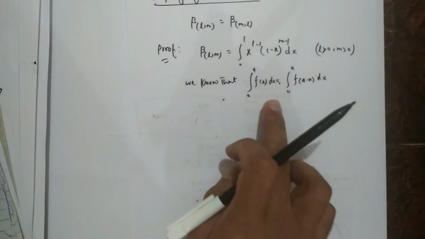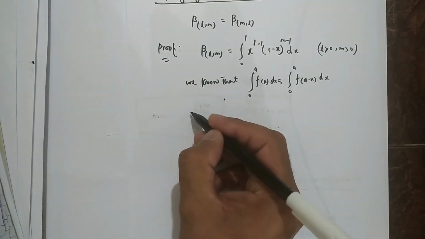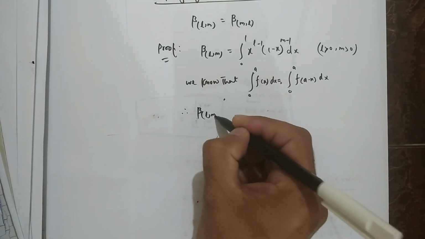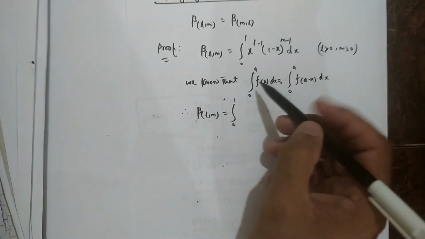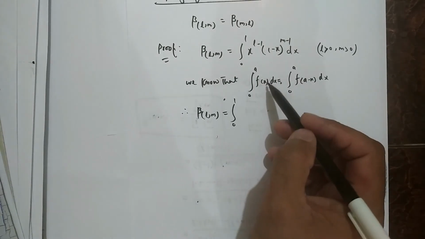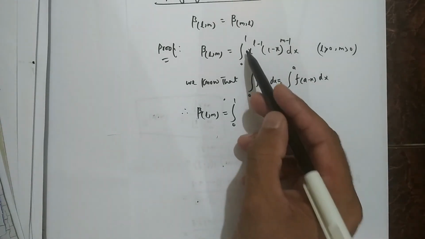So using this property in the above integral, beta Lm can be written as the integral from 0 to 1. Here instead of a we have 1. So everywhere we have x, replace it by 1 minus x.